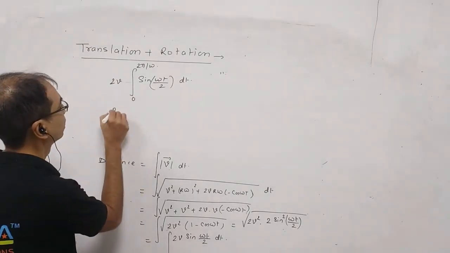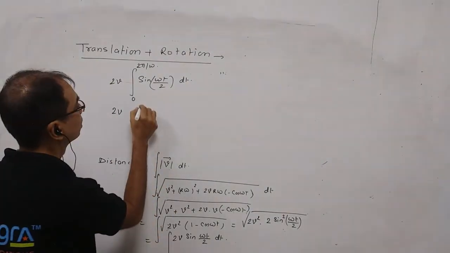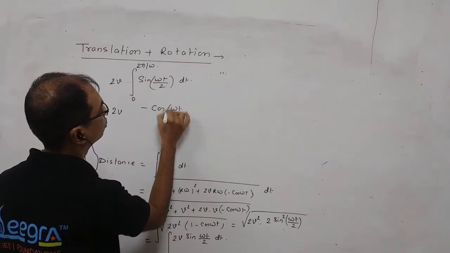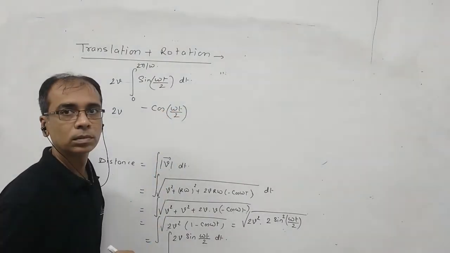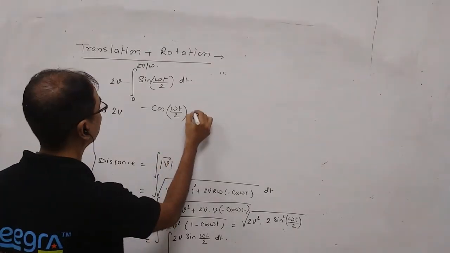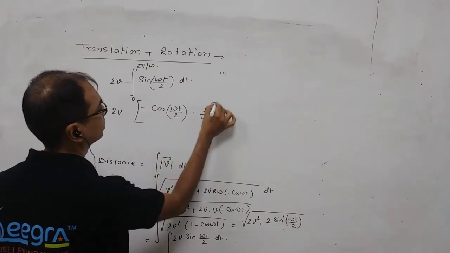Sine's integration is minus cos, so minus cos omega t by 2 into 2 by omega, if I am correct. We will check this one.